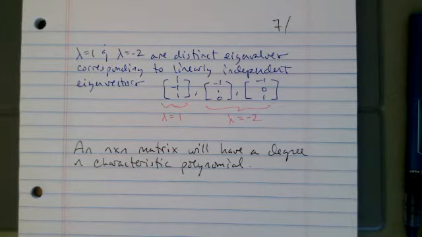That means that we will have, counting multiplicities, n eigenvalues.